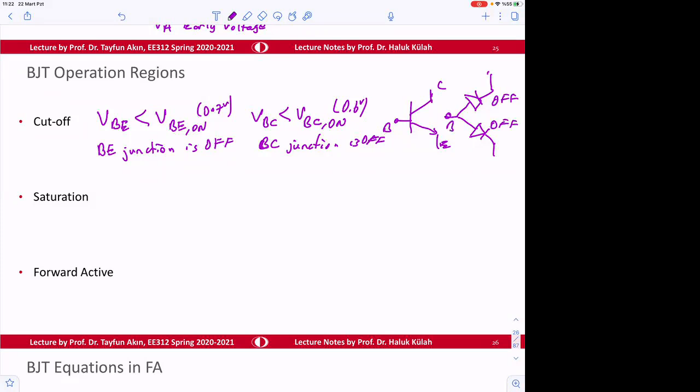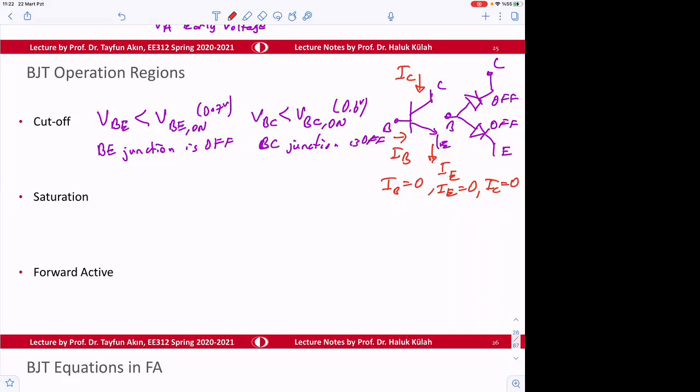This is base, collector, and emitter. Then all the currents that we talk about, like this current, IC, is called I collector. This current is called I emitter, and this current is called I base. They are all going to be zero. I base will be zero. I emitter will be zero. I collector is going to be zero. So that's the off case.